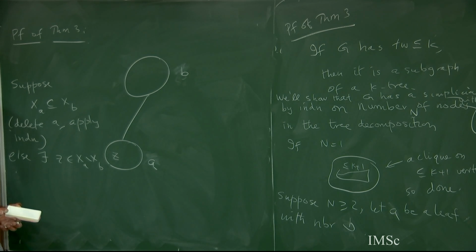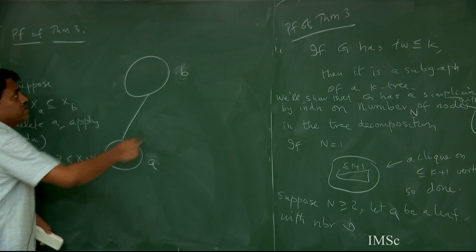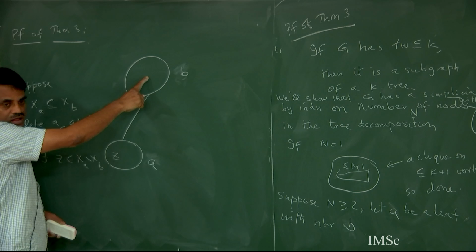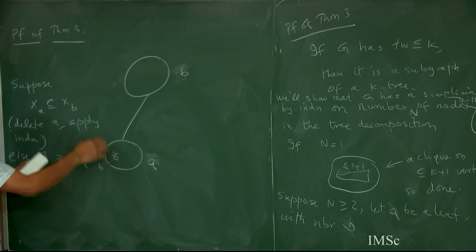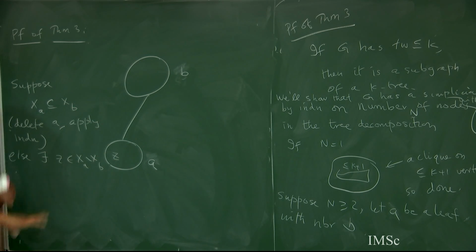Why not? Because it's a decomposition, the connectivity property of the tree decomposition tells me that if z appears somewhere else, z should appear here as well in X_B. But I assumed that z is not in X_B. So that means this is the only node in the whole tree decomposition where z appears.